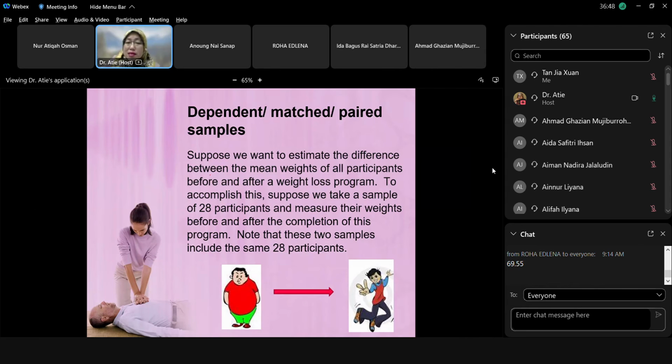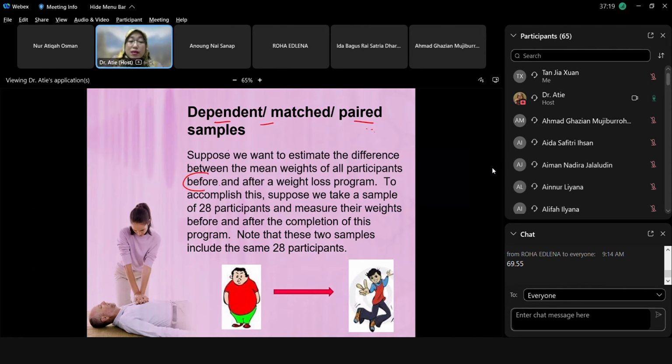Now let's talk about dependent or matched paired samples. I usually call it dependent and paired sample. Many statistics books call it matched samples, paired samples, or dependent samples. They actually mean the same, right? Suppose we want to estimate the difference between the mean weights of all participants before and after a weight loss program.